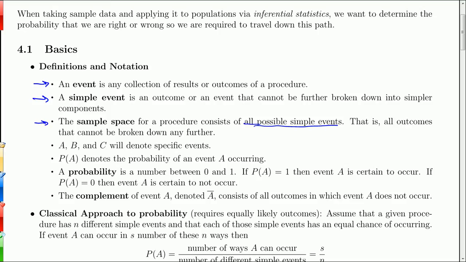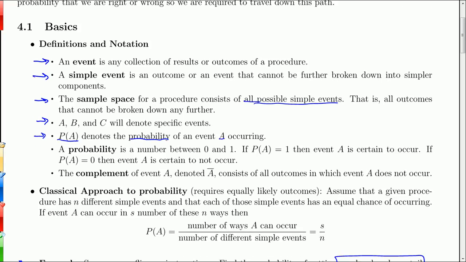As for notation, capital letters like A, B, and C will denote specific events. And P of A will denote the probability of event A occurring, and that's what we're trying to calculate. A probability is a number between 0 and 1.